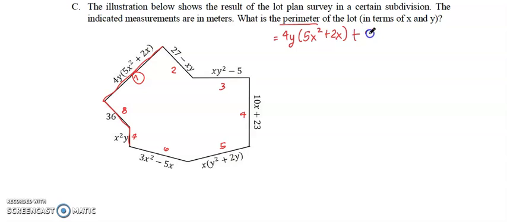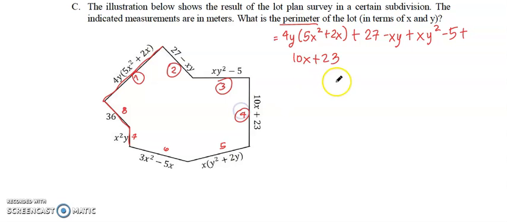That's plus 27 minus xy. Done with 2. Now we go to 3. Plus xy squared minus 5. Done with 3. Plus, since it won't fit, I'll go down. That's 10x plus 23. And then we proceed to our next side.